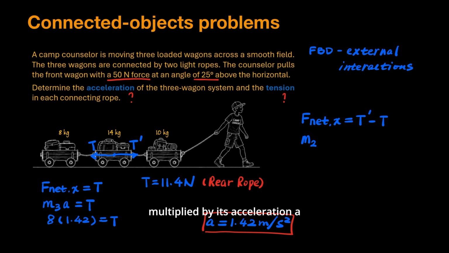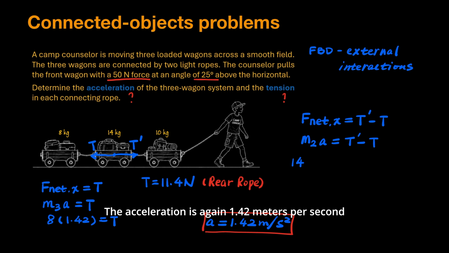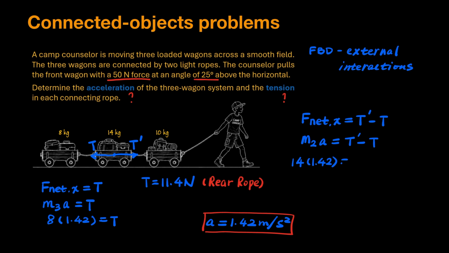And this equals T prime minus T. The mass of the middle wagon is 14 kilograms. The acceleration is again 1.42 meters per second squared. T prime is what we are looking for, minus, we already know T is 11.4 Newton. So this gives us T prime equals 31.3 Newton. So this is the tension for the front rope.